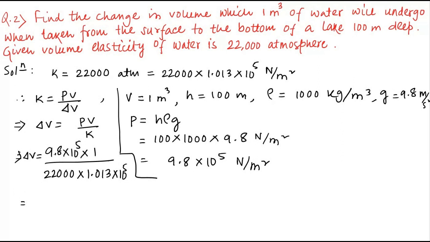And after calculating this, we'll be getting 4.4 into 10 to the power minus 4 meter cube. So this is our answer. The change in volume would be 4.4 into 10 to the power minus 4 meter cube.